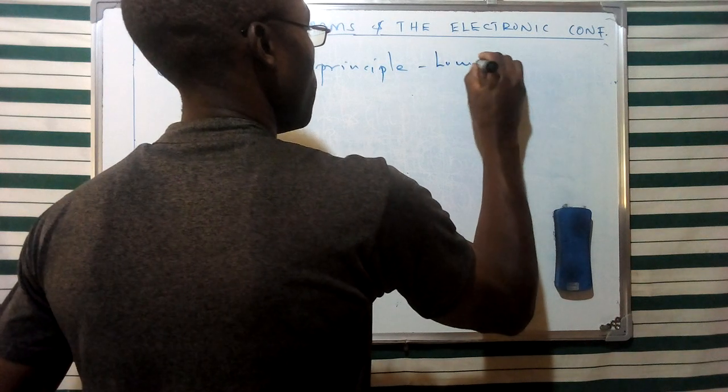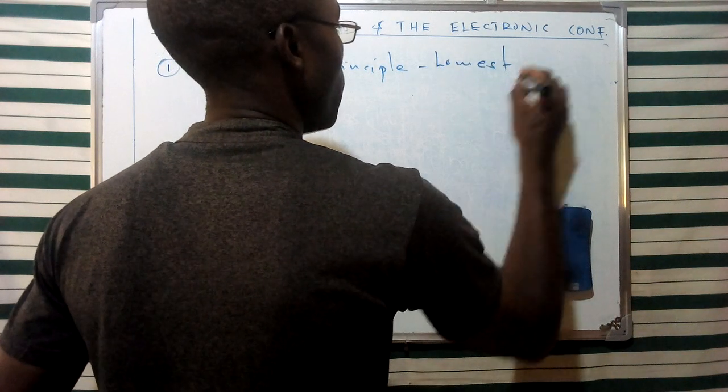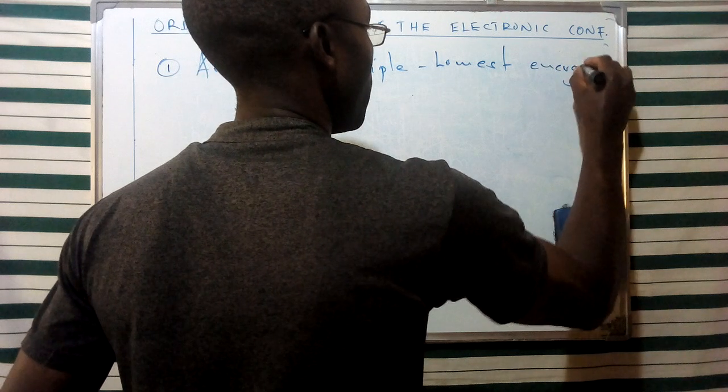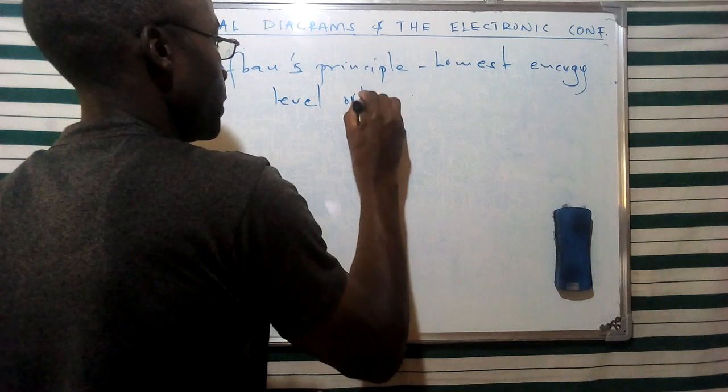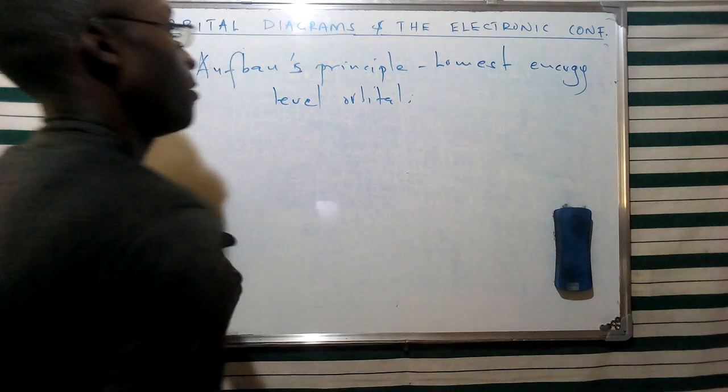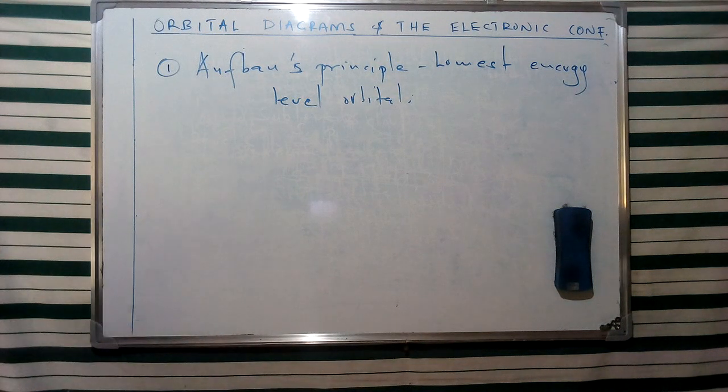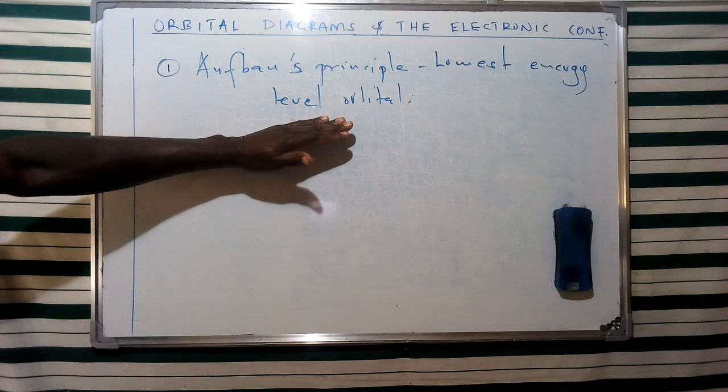So this concerns electrons occupying the lowest energy level orbitals which can receive them, and that is dictated by the Aufbau principle.